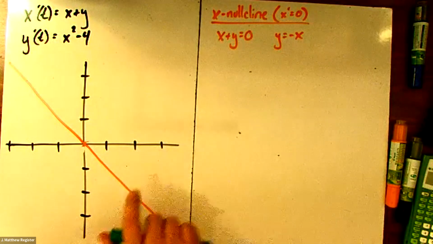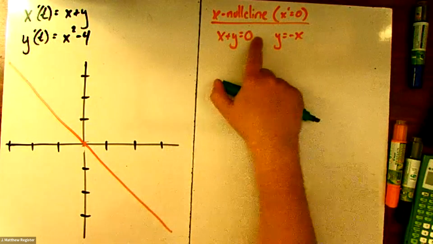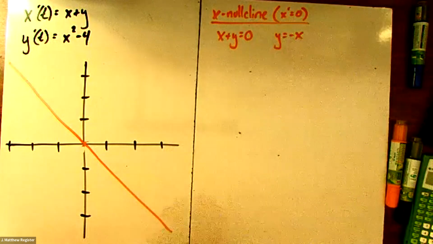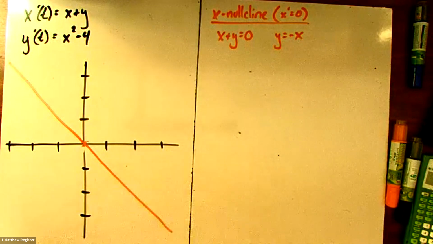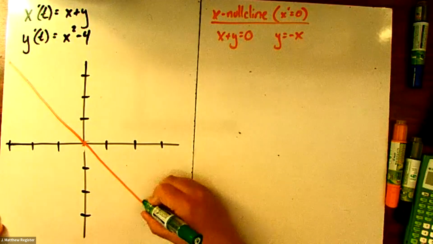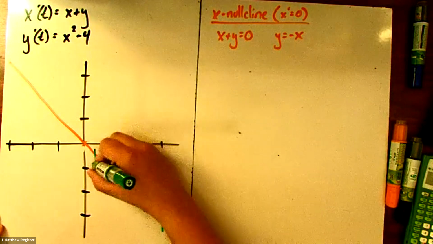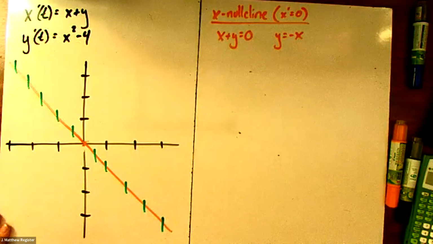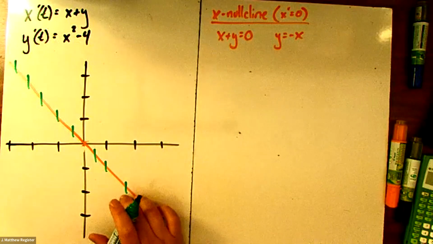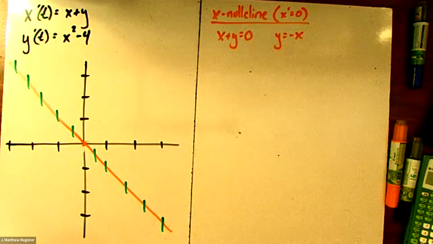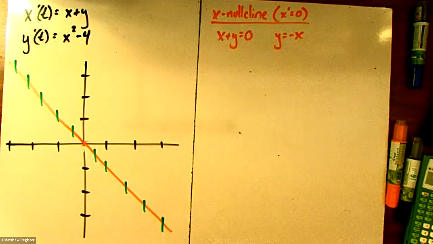But since the x null line has the property that it's going 0 in the x direction, the rate of change in the x direction is 0, that tells us that we're not moving left or right on this line. On this line, we are only going to be going in an up and down direction. And so that means curves could be coming into these and then going out from them. But on this line, it is going to be staying in an upwards and downwards direction.